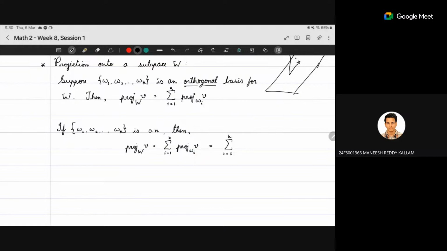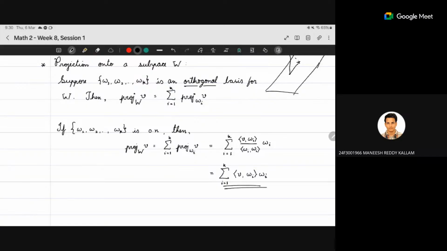What is the formula for it? It is the inner product of V and Wi, divided by Wi dot Wi, times Wi. But what is Wi dot Wi? It is 1. So this would just be V dot Wi, times Wi.